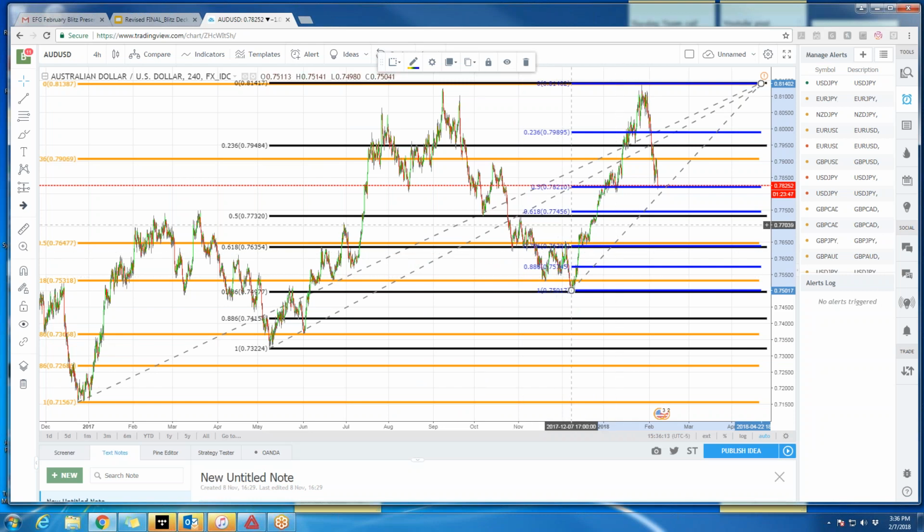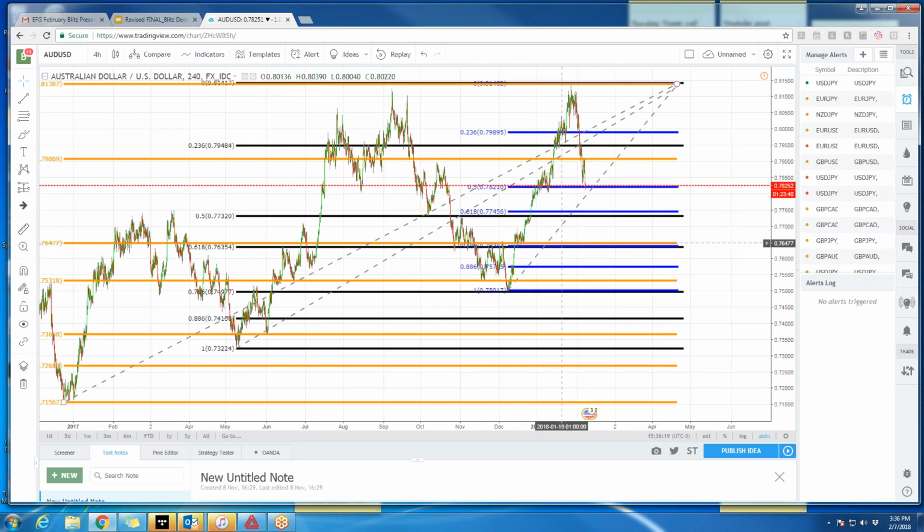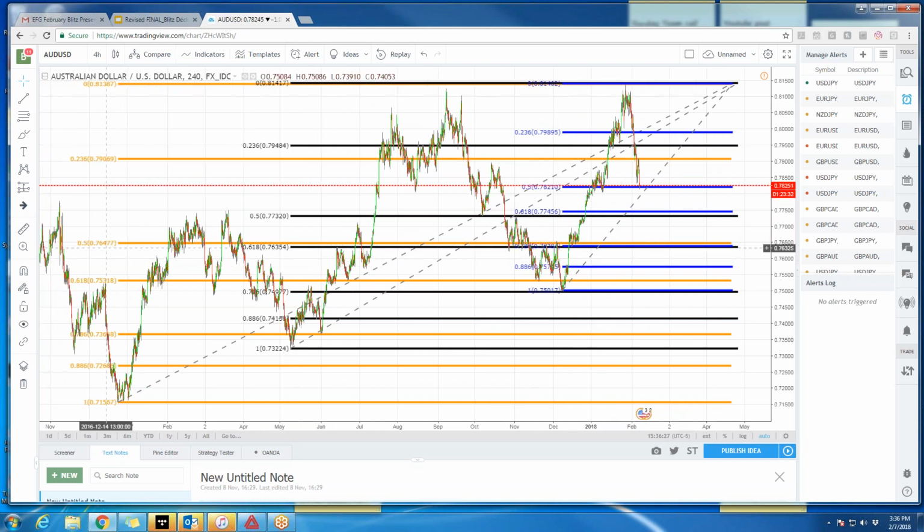Now I want to see where it's overlapping. So if I start to look, this looks like a pretty strong zone, right? Everything is right here. This Fibonacci hit from here. This is the 50 for the orange, 61.8 for the black, and 786 for the blue.